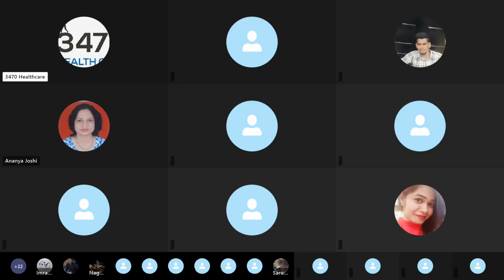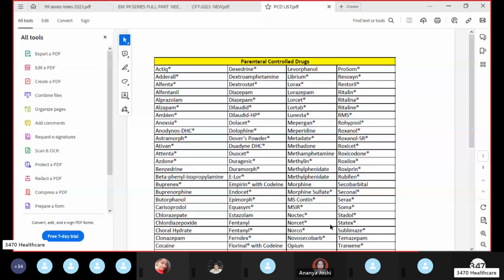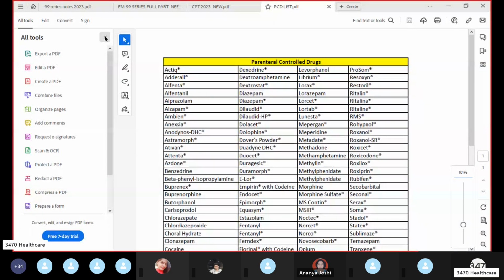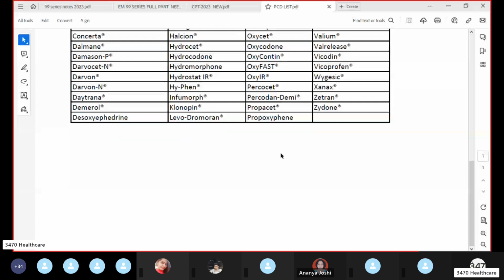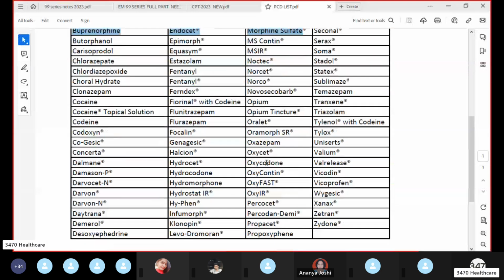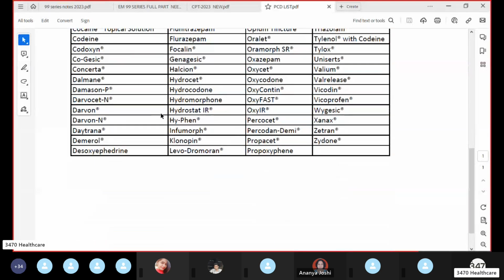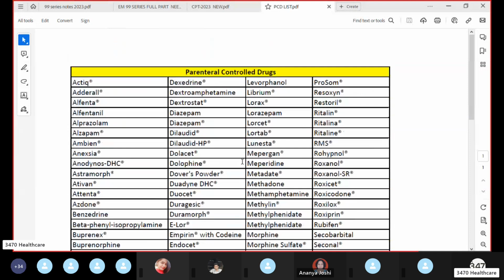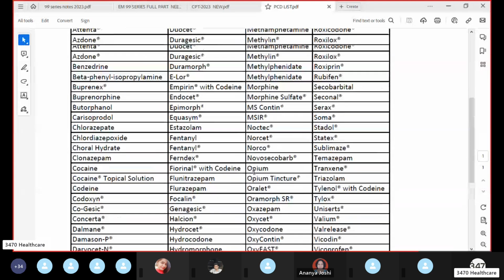I shared the PDF. If not, now I have shared it again. Whatever drugs are present in this list, given through IV or IM, your risk will be high.